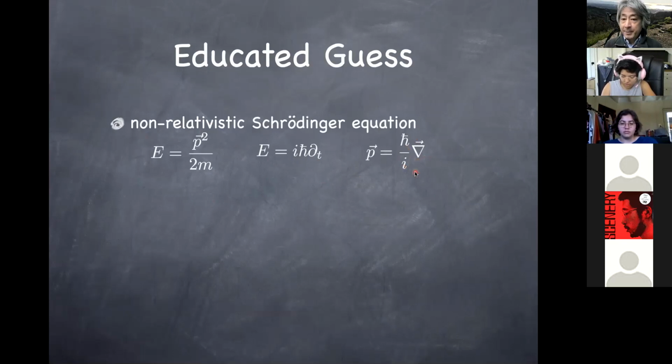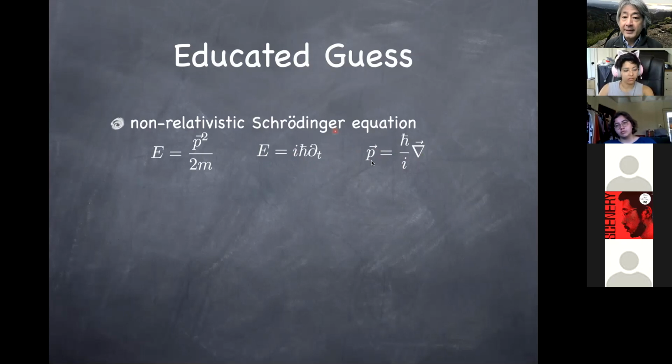And we learned about the sign difference too. The reason why energy has i, but momentum 1 over i, had to do with the fact that going from the energy-momentum 4-vector to the derivative 4-vector, the derivative 4-vector has its index downstairs, while the energy-momentum 4-vector has its index upstairs. I need to change the sign of spatial components, and that's the origin of 1 over i instead of i. That's something we have learned already a couple of slides ago.